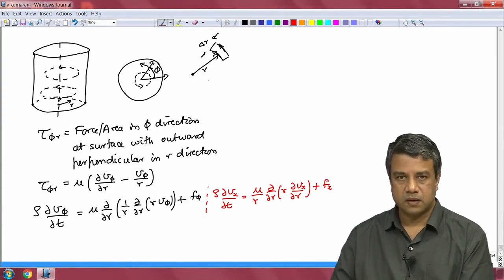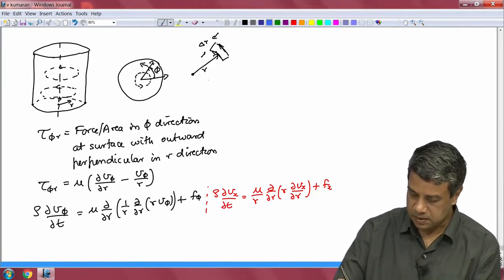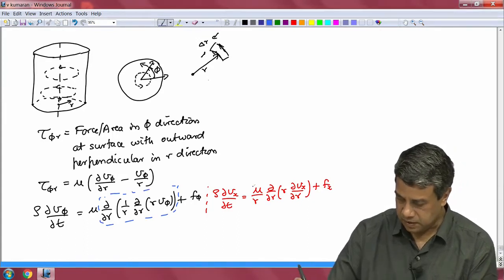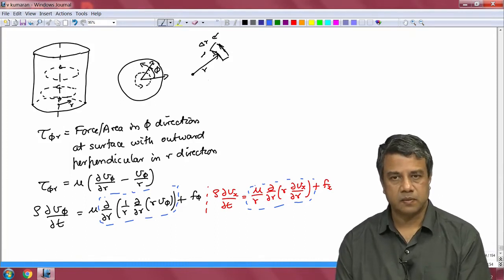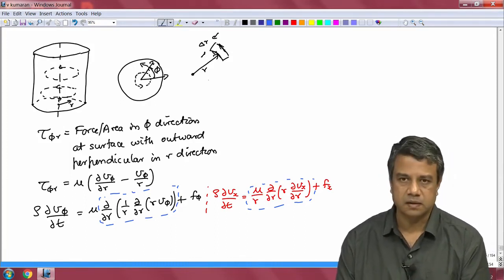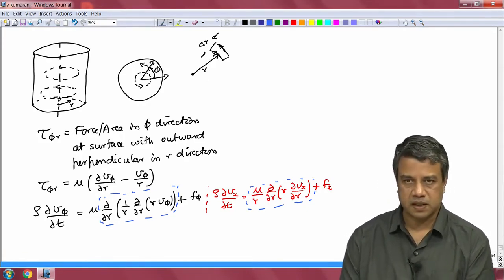That was the form that we had. So, you can easily see that this operator is slightly different from this operator. So, that has to be kept in mind when we are writing balance equations for curved streamlines.